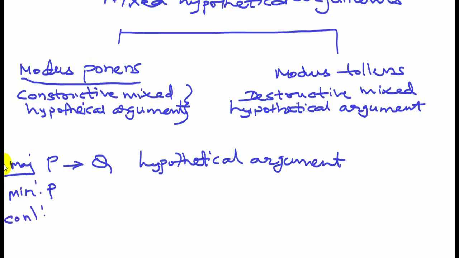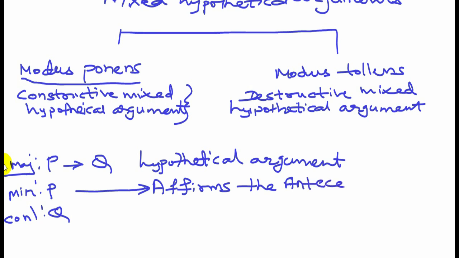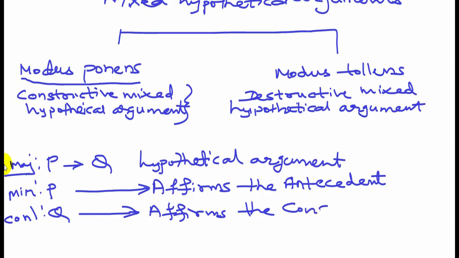Conclusion says Q. So the minor premise affirms the antecedent, and the conclusion affirms the consequent.